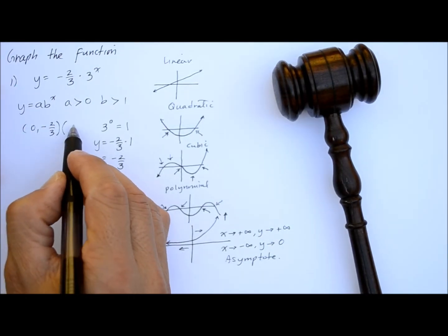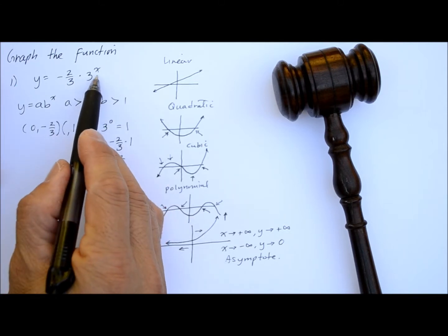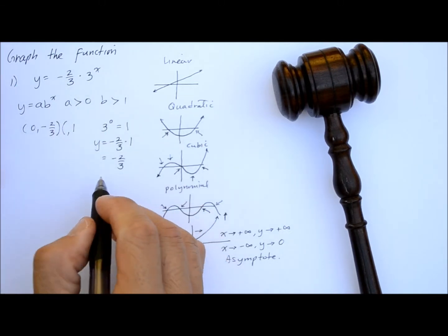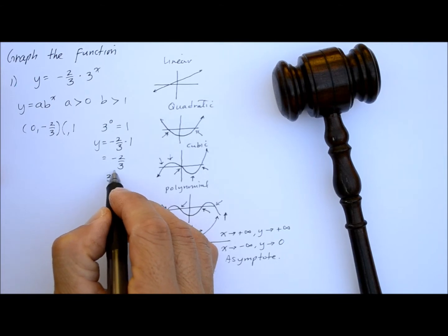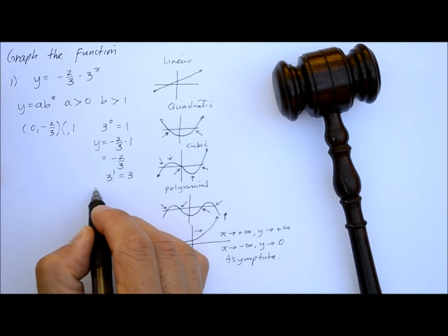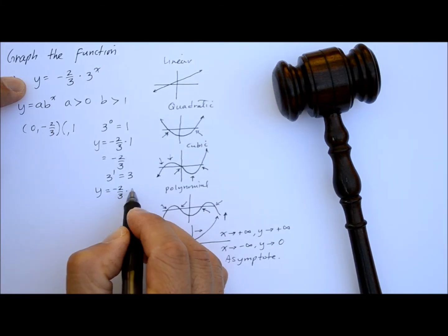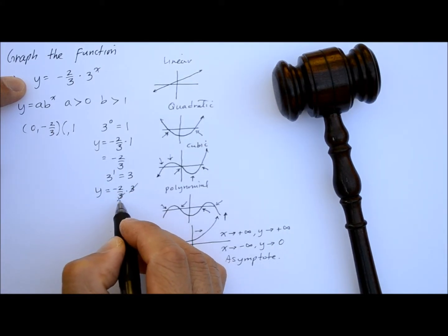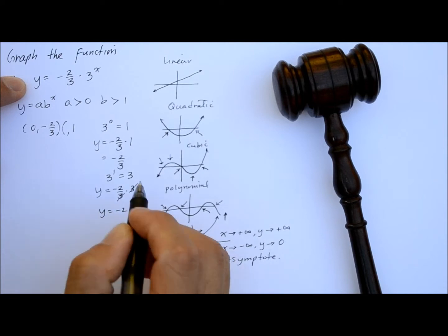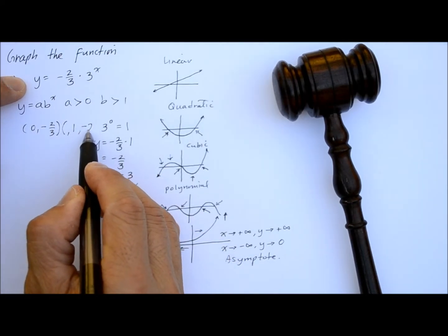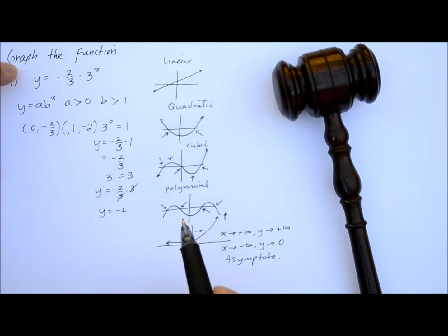And then what if I substitute the x with the 1? Well, 3 raised to a first power is just simply 3. So if I substitute that into the function, y is equal to negative 2/3 times 3, 3 is reduced to a 1, or y is equal to negative 2. So here's the x and y for the second point.